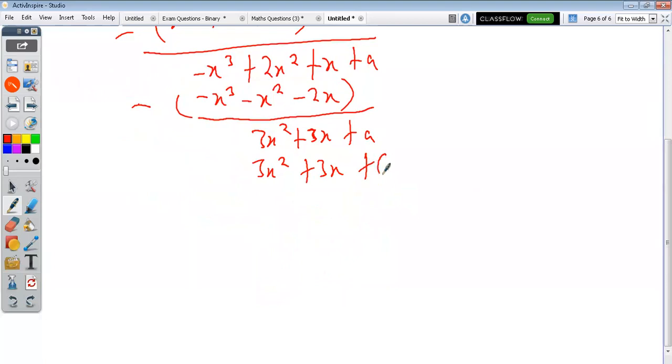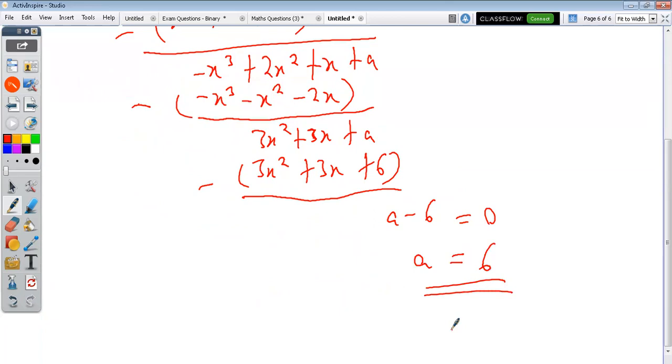Happy? Yes, sir. Subtract, you get 0. Subtract here, you get 0. Subtract here, you get a minus what? Minus 6. But we say there is no remainder. So this should be 0 here. So it means a is equal to what? Plus 6. That's clear?